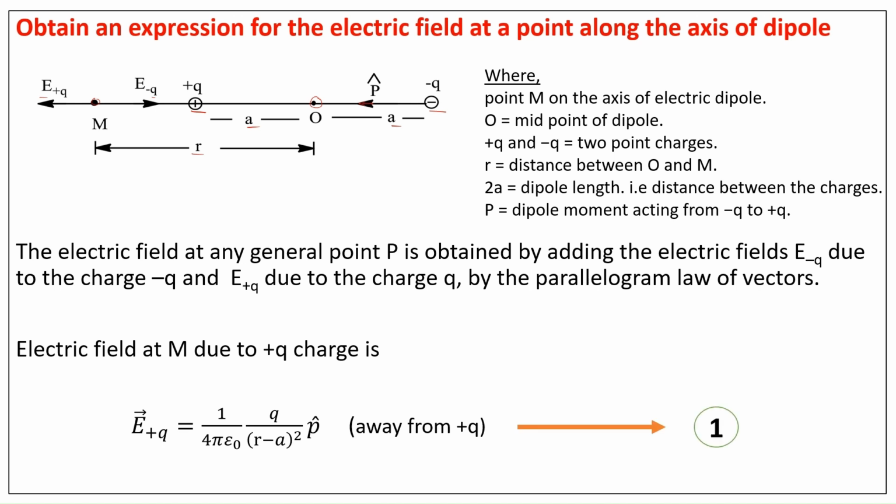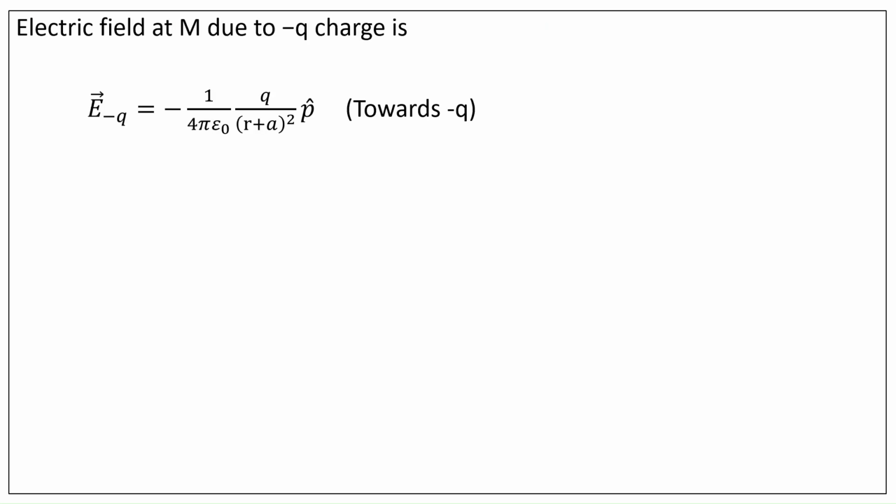Mark it as equation number 1. Electric field at M due to minus q charge is E minus q is equal to 1 by 4 pi epsilon naught into q by (r plus a) whole square into p cap. Mark it as equation number 2.